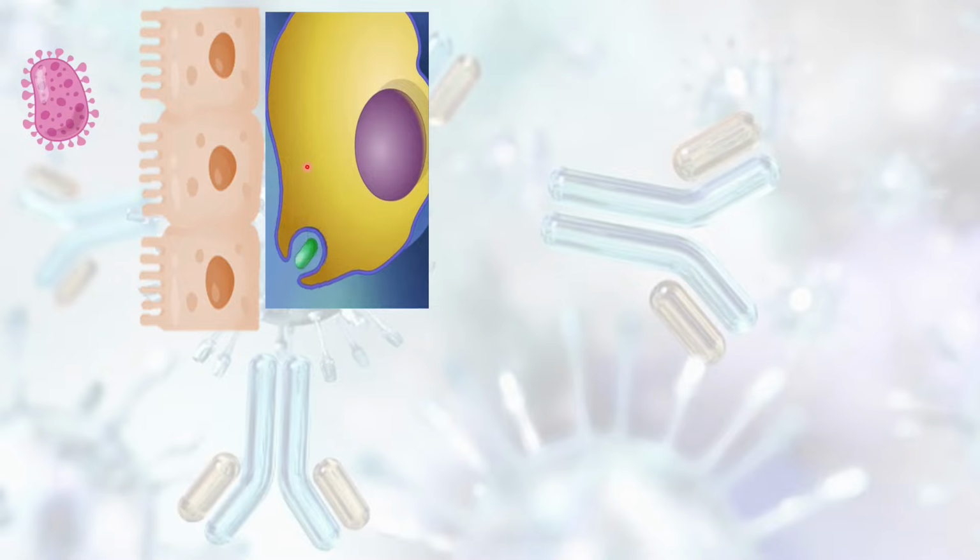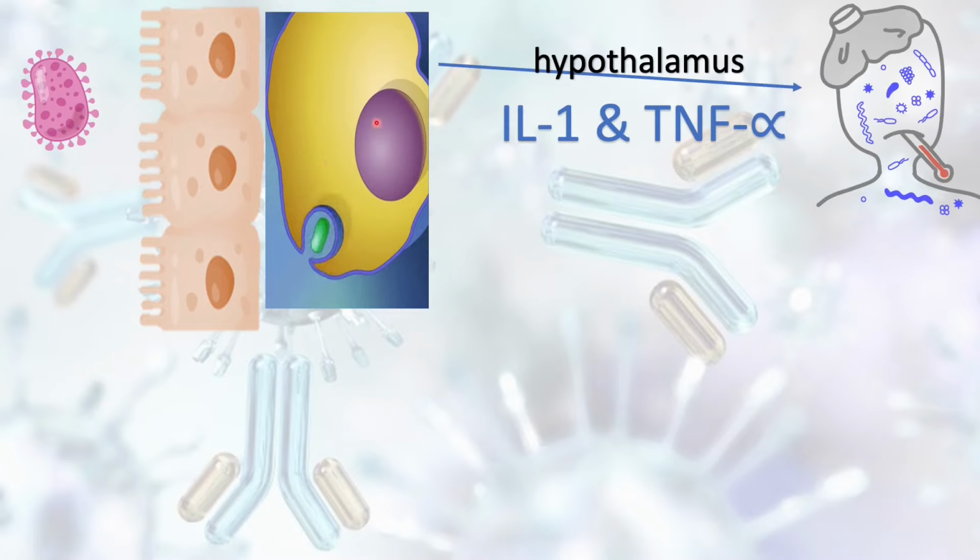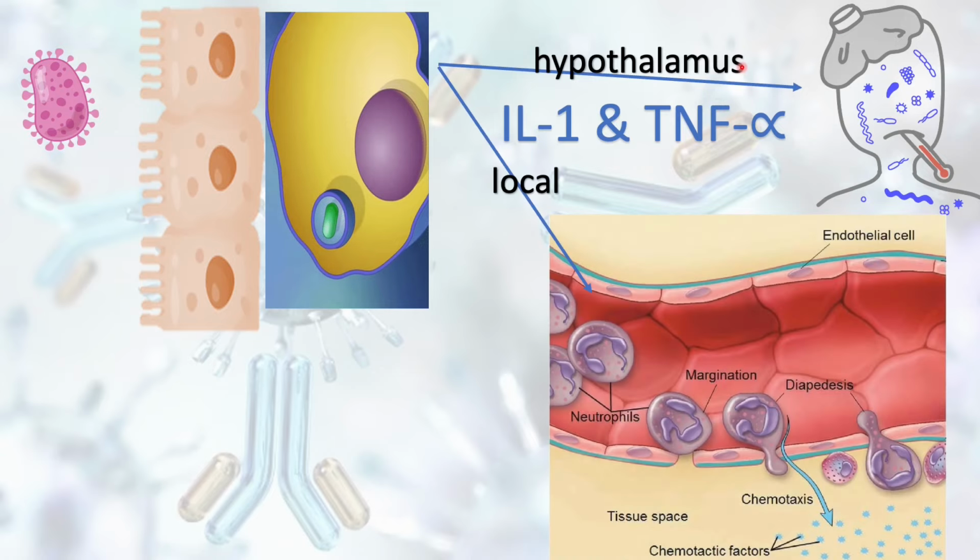And these cells will start secreting cytokines, which have a systemic effect, for example, fever, etc., on the hypothalamus, and they have a local effect, which is acute inflammation, the hallmark of innate immunity. They will bring in phagocytes and will bring in more immune cells to combat the infection on site.